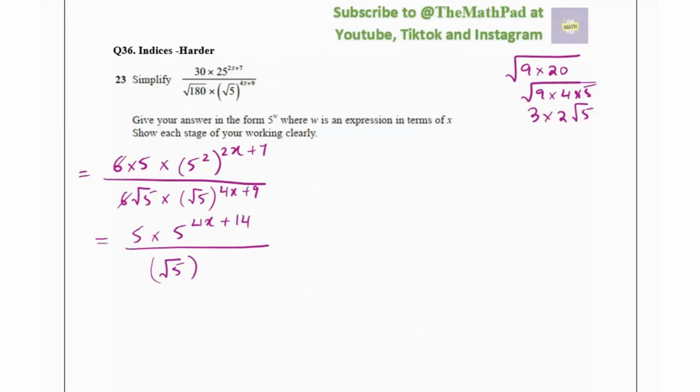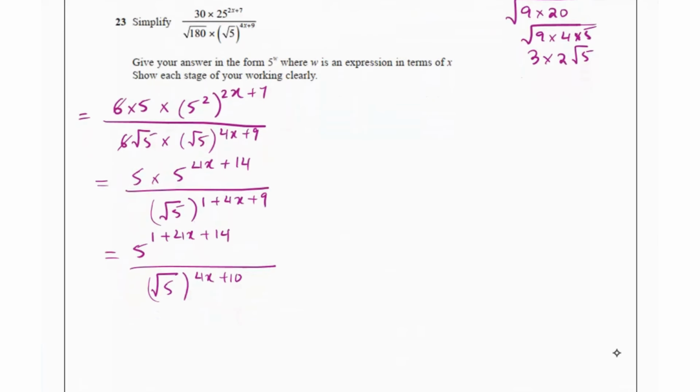Similar bases are being multiplied, we add the powers, so 1 plus 4x plus 14. So this gives us 4x plus 15 on the top, hmm, rather 5 to the power of 4x plus 15 over here. And over here, that's going to be 5 to the power of 4x plus 9.